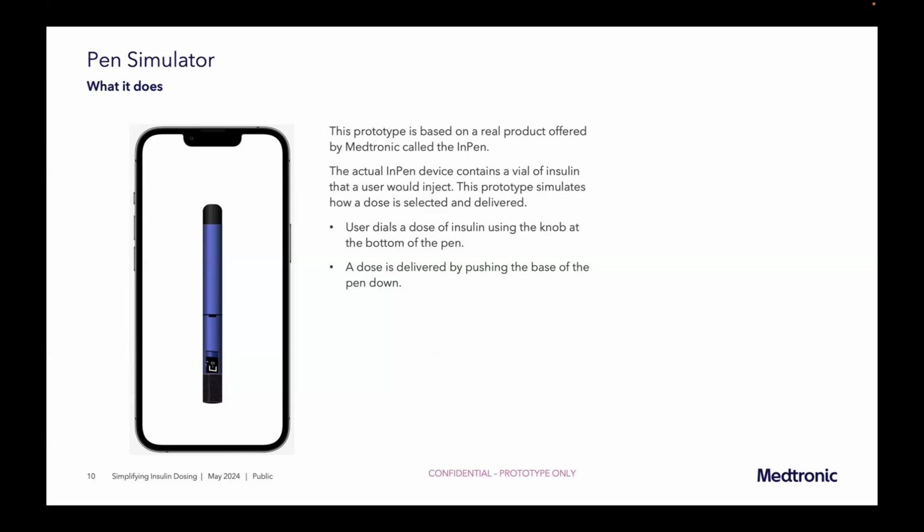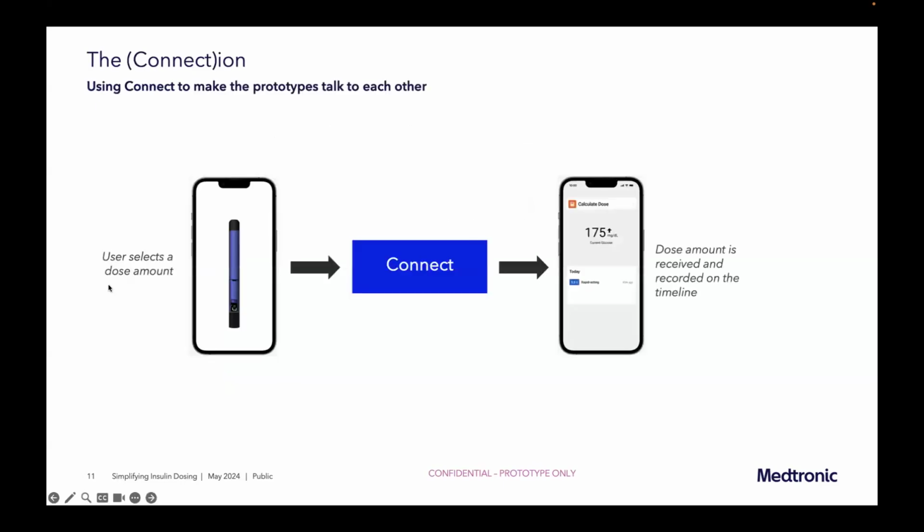Now, the clever part here is that the pen communicates to a nearby app to say, I just dosed 8 units of insulin or whatever. And so we said, hey, can we make two prototypes actually talk to each other like this?